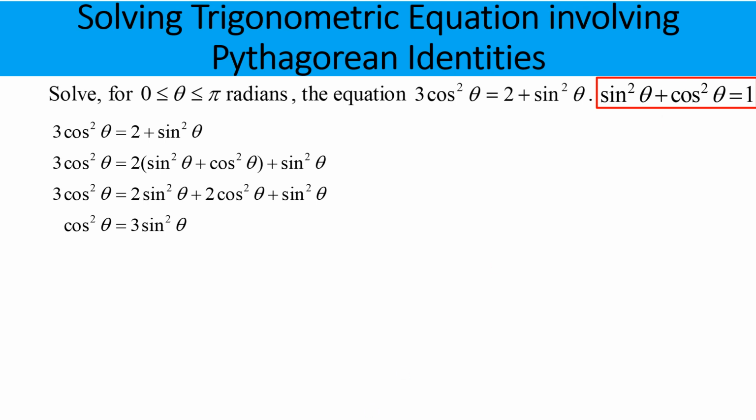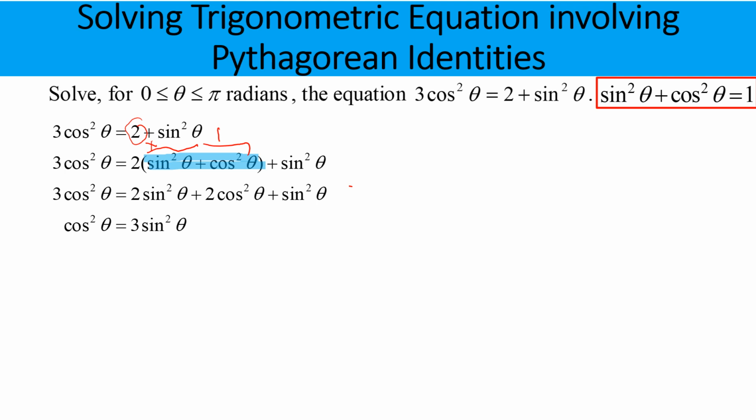What I want all of us to observe is that I have sine squared theta plus cosine squared theta, which itself equals 1. So 2 times 1 will give me a 2.